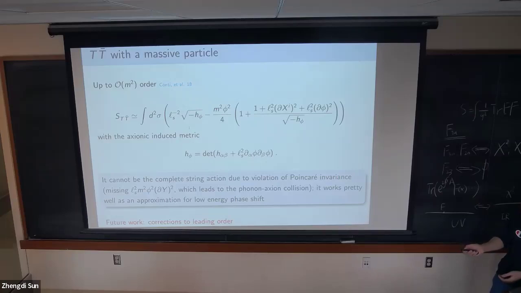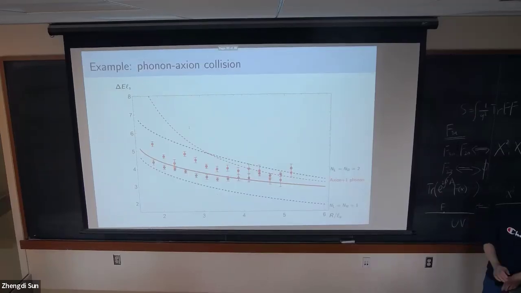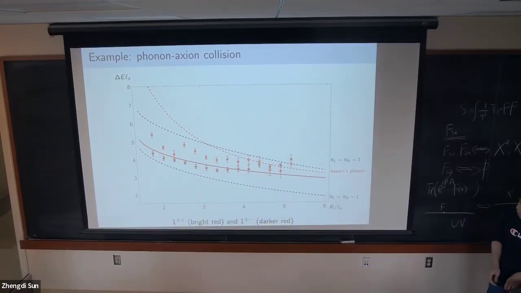So it should be a dx squared type term. This term is missing in this TT-bar deformed action, and as a matter of fact, this is exactly the term which leads to the splitting I just mentioned above, between these two scattering channels.